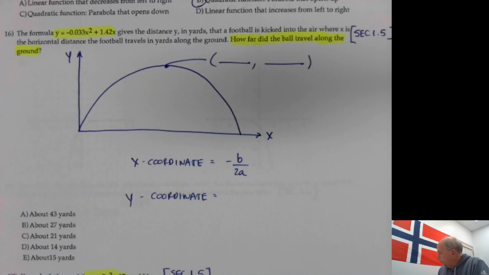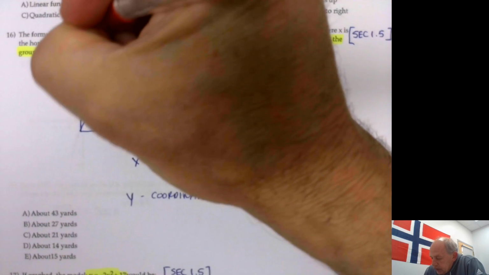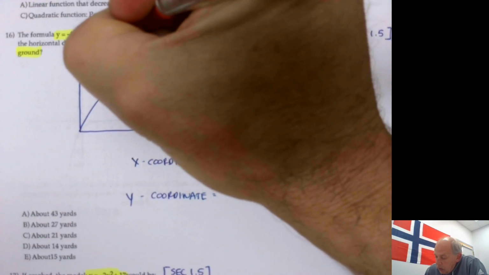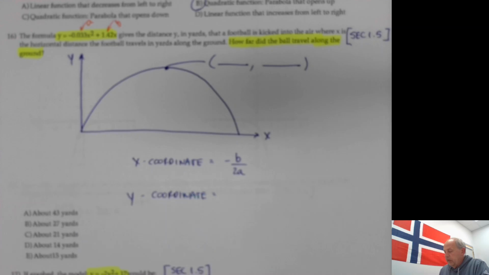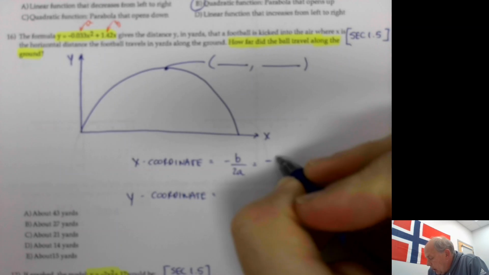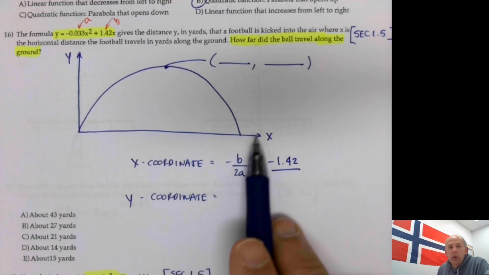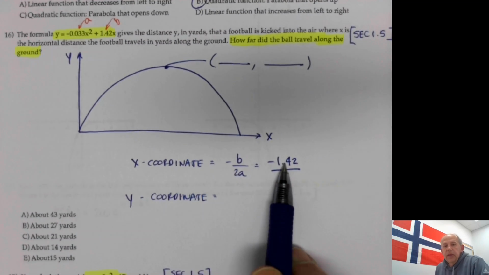So here I go. My x coordinate is negative b over 2a. Remember, my a and b come from the model. So my b value is 1.42. I plugged it in there.